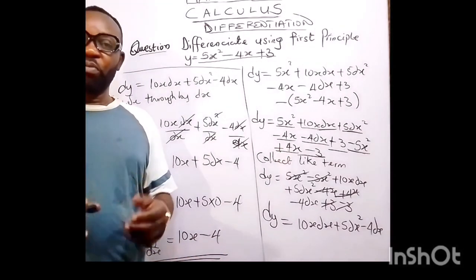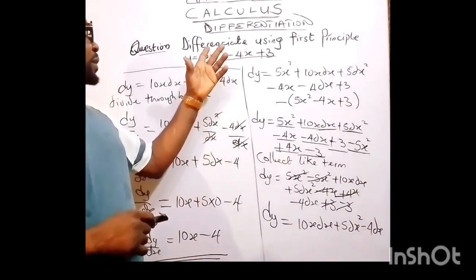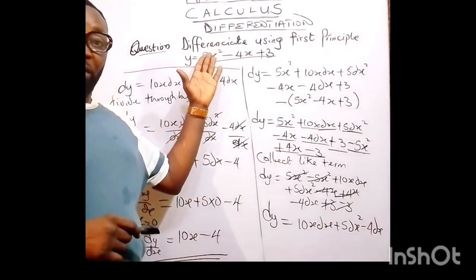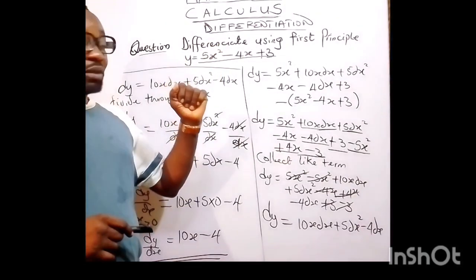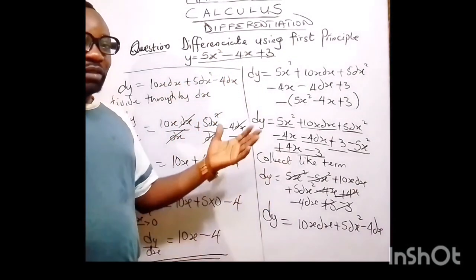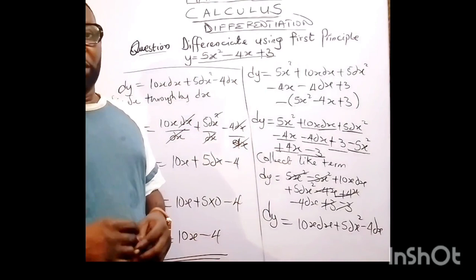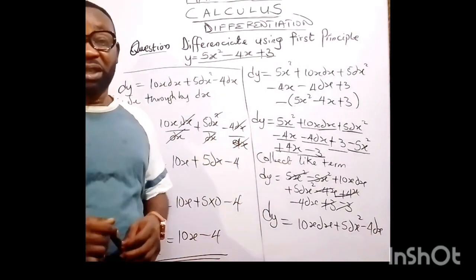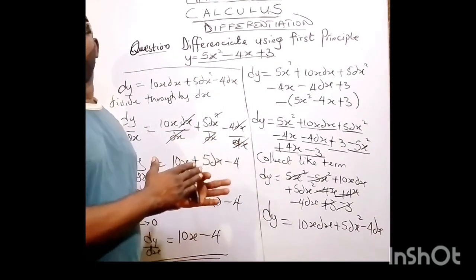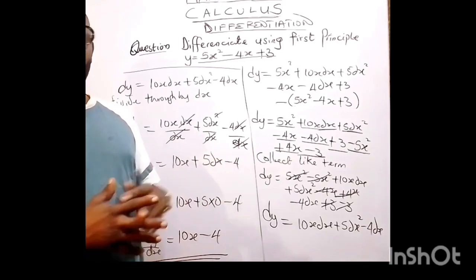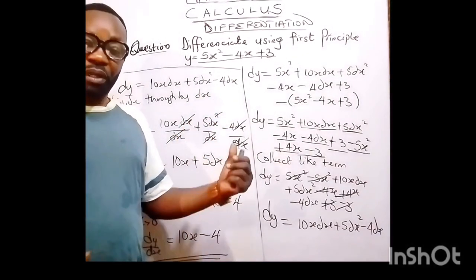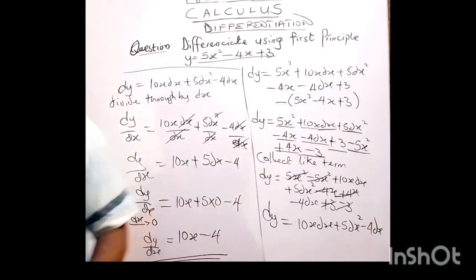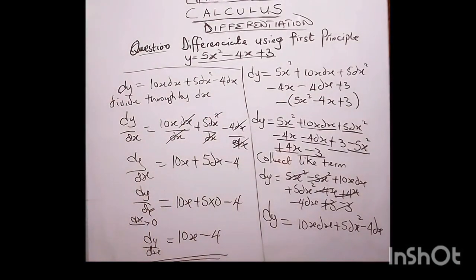If we are to make use of the formula method of solving the differentiation, within 2, 3, 4 steps you'll have been through with it. I want to show you that method now, though it's not part of what we are asked to do. It is just to use it to check if we are going to get the same answer compared to this question given to us. So let's look at that right now.